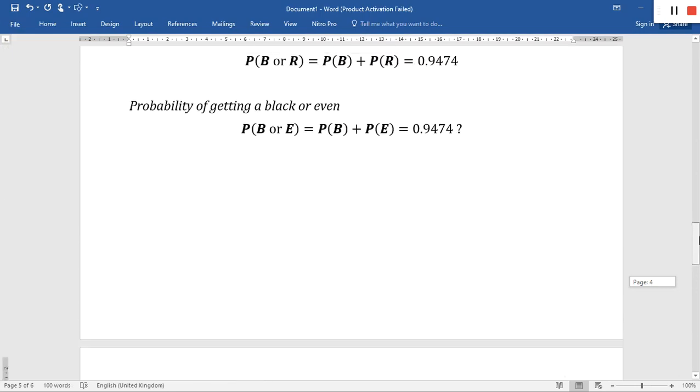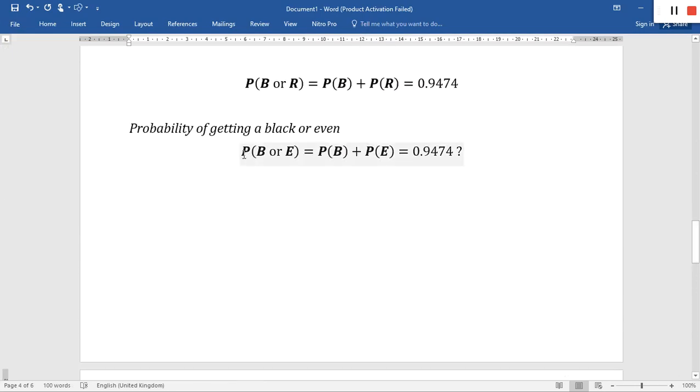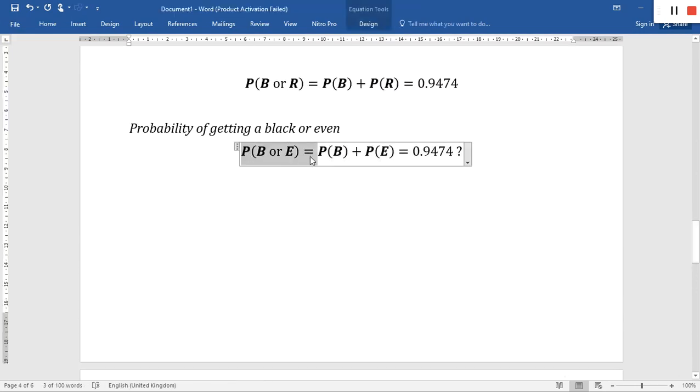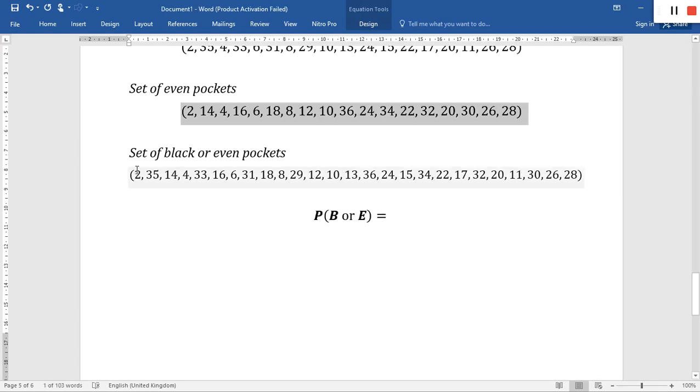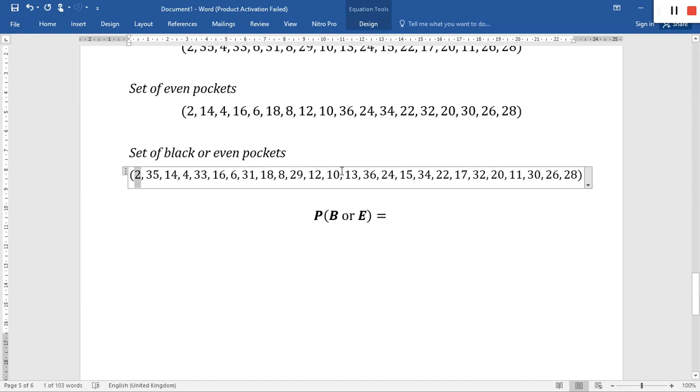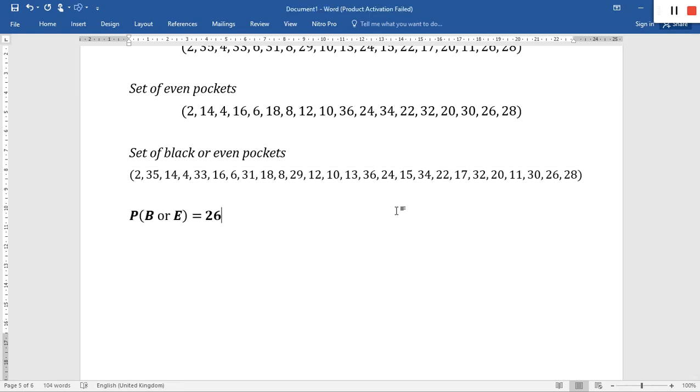Okay. Therefore, the probability of getting a black or even is what? You see, it's no longer that probability we computed earlier. That probability would have given us an error. It's now the total number of possible outcomes. A black or an even event has 26 possible outcomes.